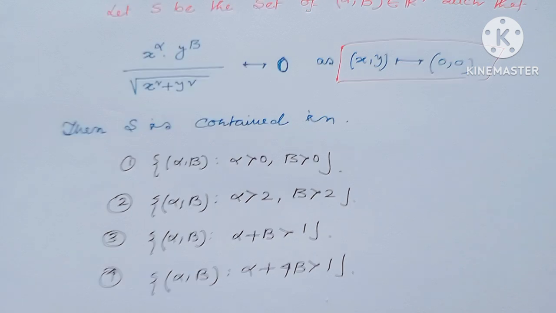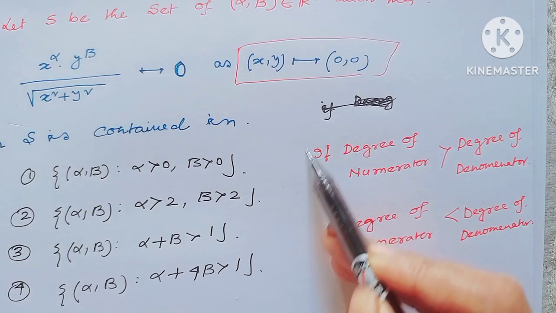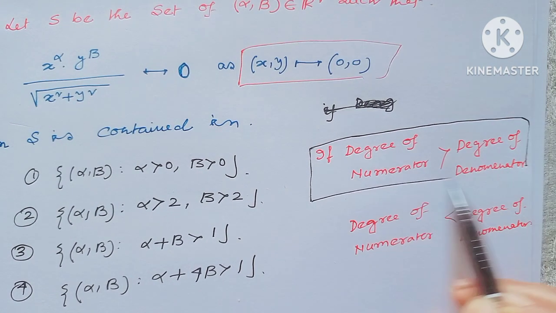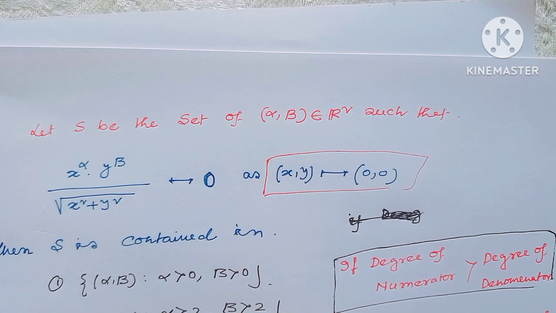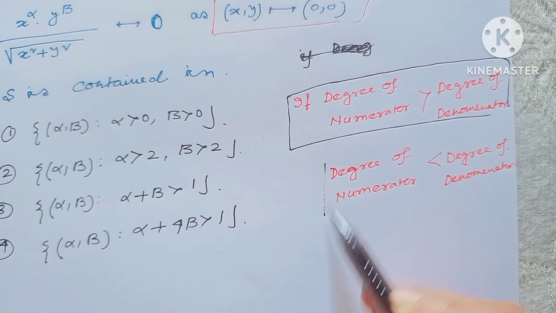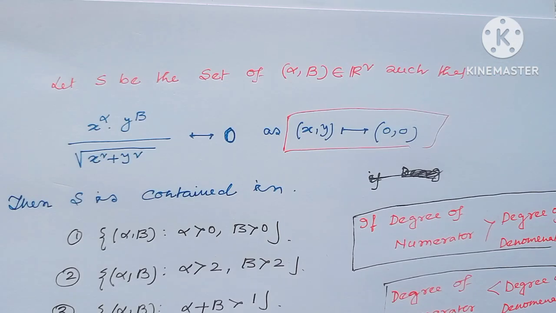For this, there is also one easiest method we all know. If the degree of the numerator is greater than the degree of the denominator, then the value of the function goes to 0. And when the degree of the numerator is less than the degree of the denominator, then the value of the function does not go to 0.